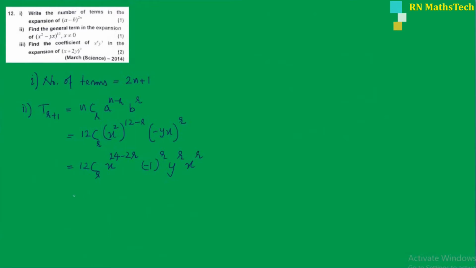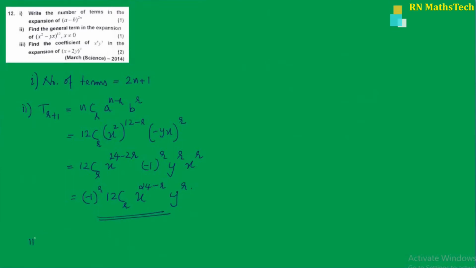So we can give minus 1 raised to r first. Then there is 12cr. x raised to 24 minus 2r and x raised to r together give x raised to 24 minus r into y raised to r. So that is the general term.